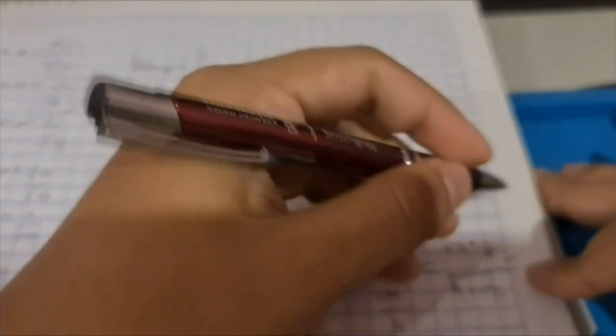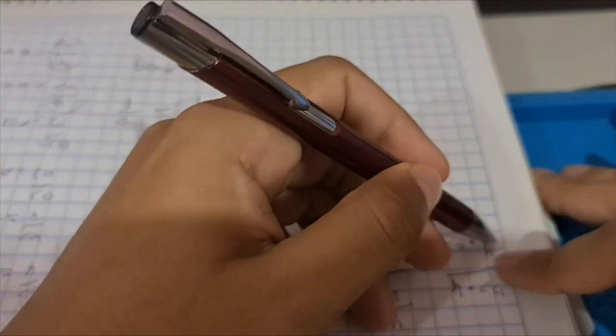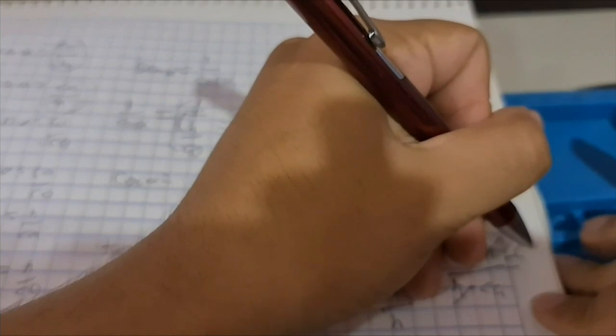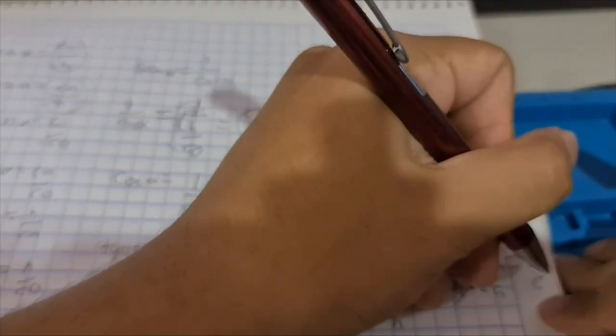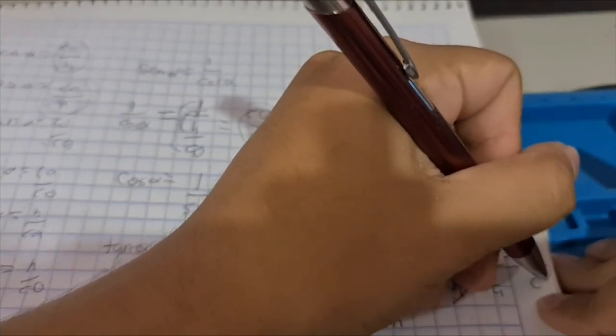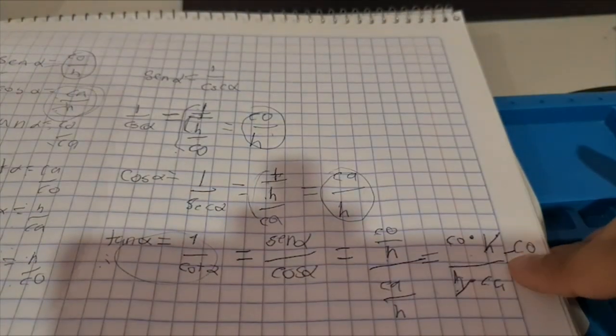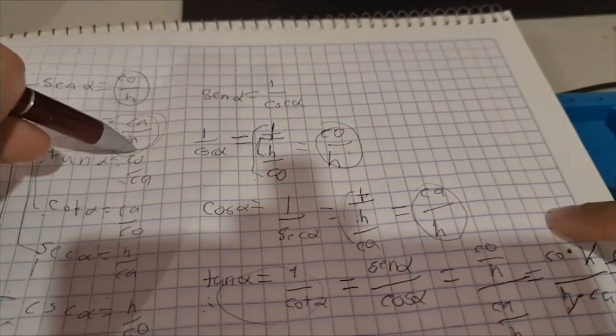Now we are going to delete these ones, and we have that this is equal to the opposite leg between the adjacent leg, and it is the same as right here.